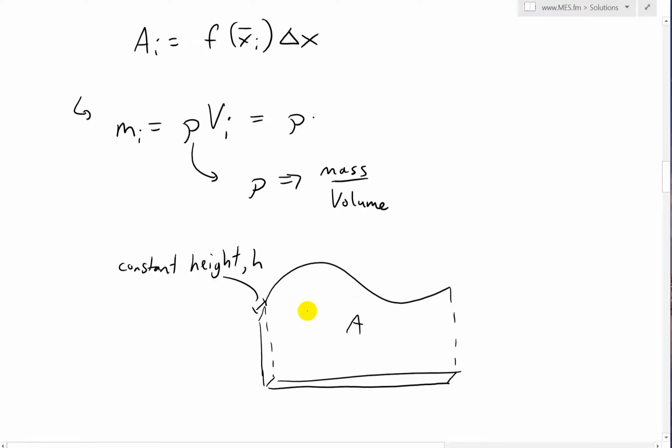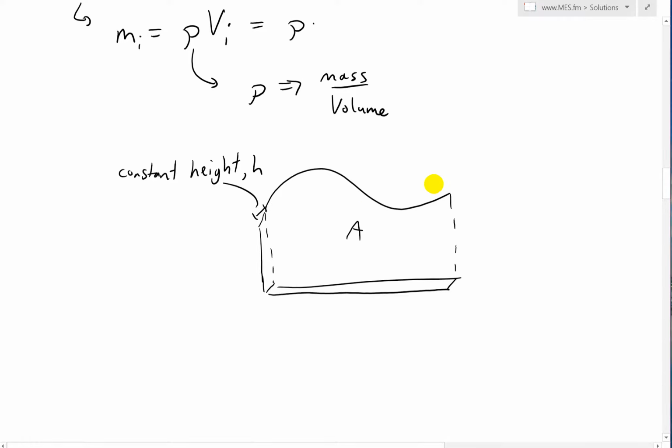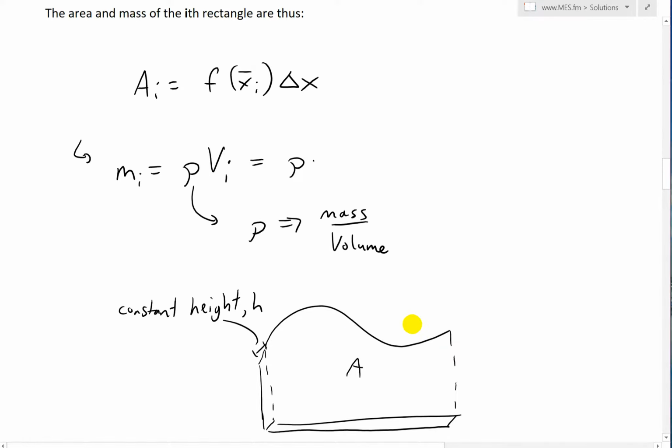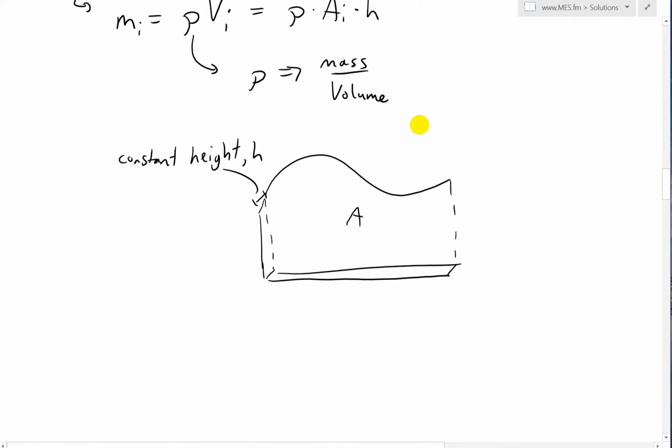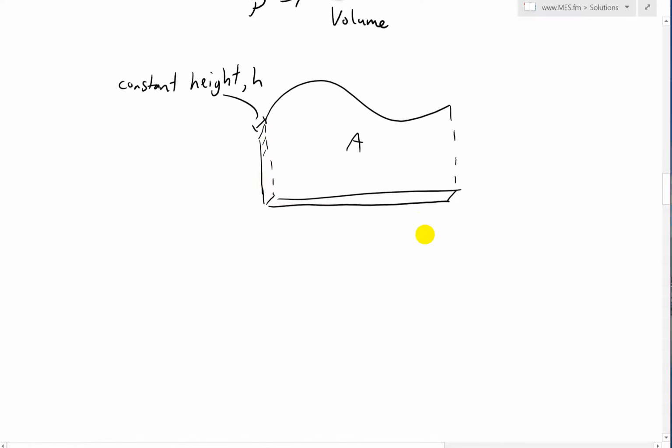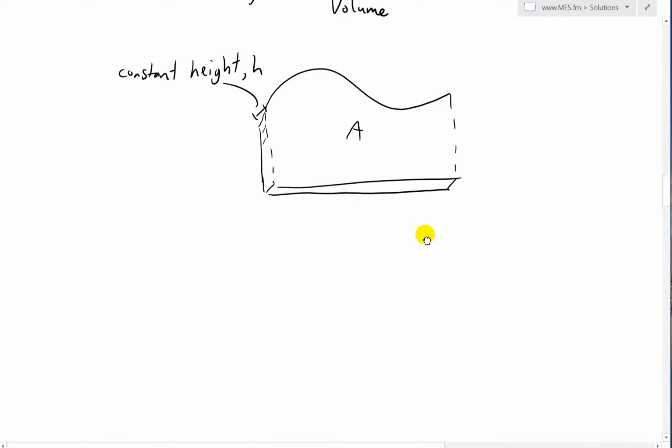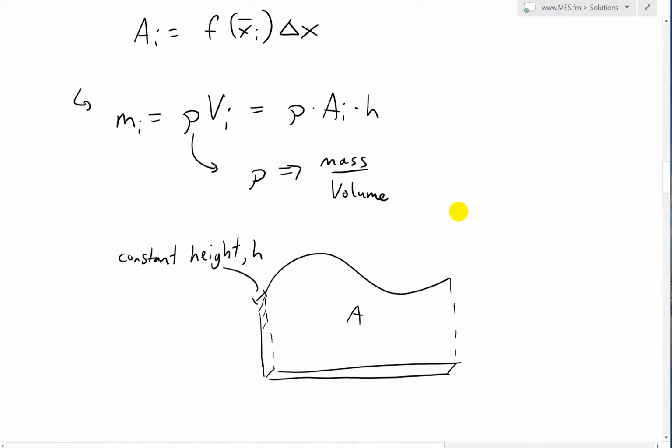Area times height gives the volume. So for this subsection we'll have Ai times h, since it's constant. But since it's constant, this height will eventually cancel out.